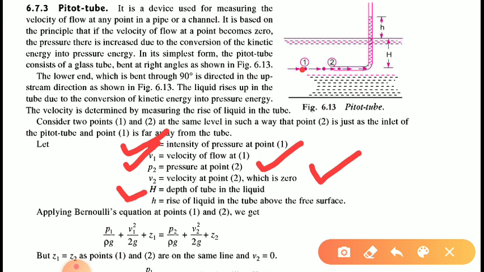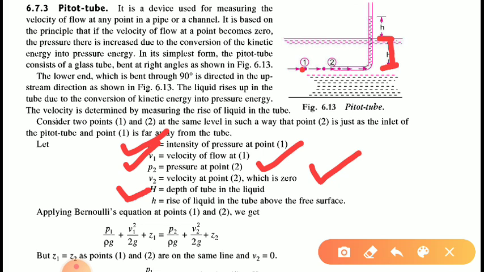Then capital H is the depth of the tube in the liquid. So obviously we can see this is H. This is the depth of the pitot tube in the liquid. Means it is the static pressure, and P is equal to rho g H according to hydrostatic law.